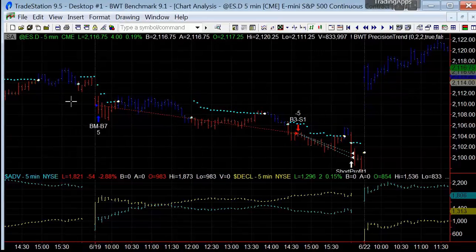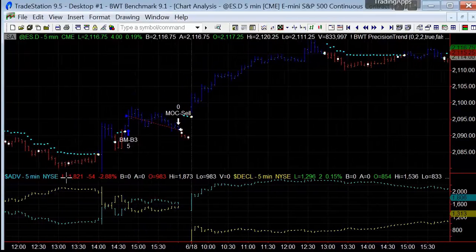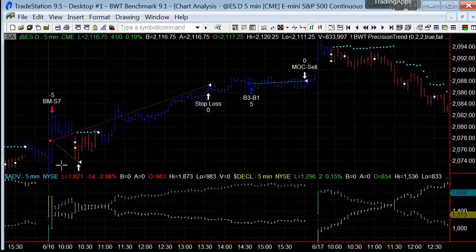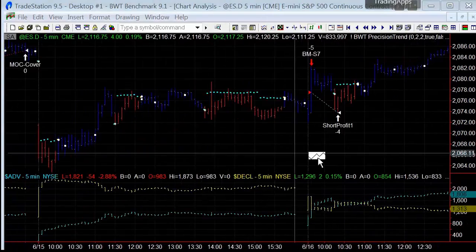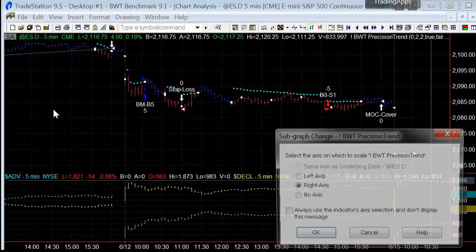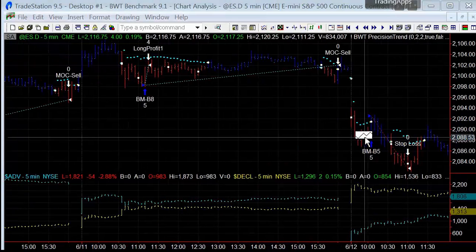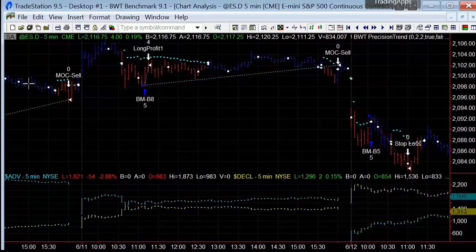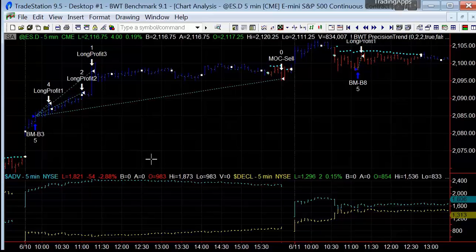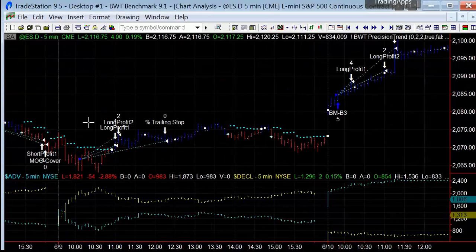So these trades are from last week. So as we get to the beginning of June, we had quite a run.